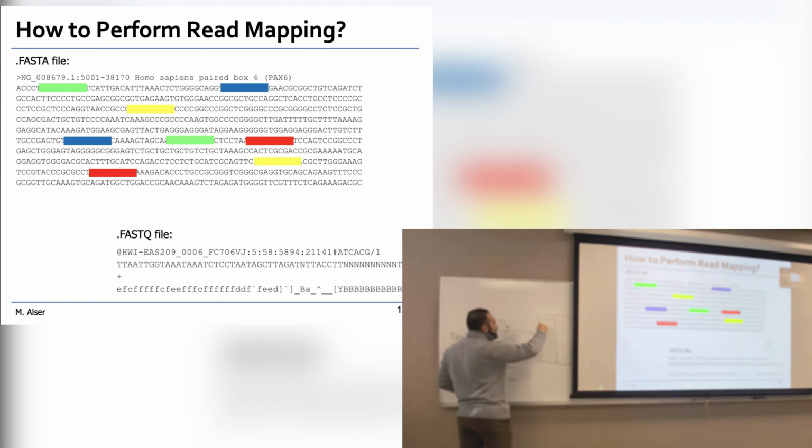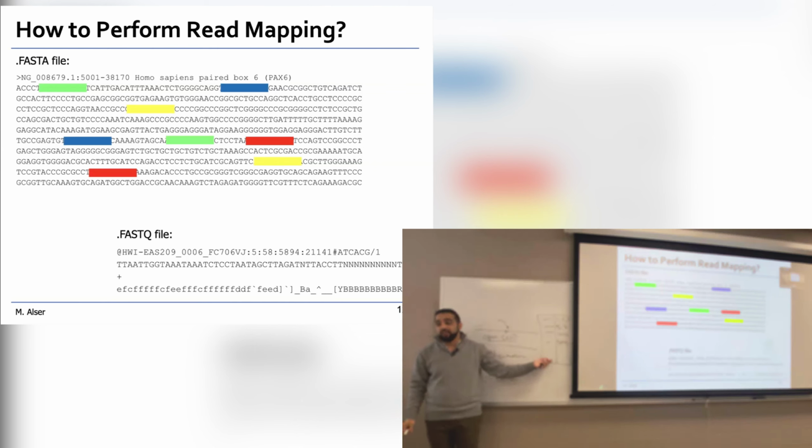We have the seed in one column, and then the location in the other column, right? 5, 7, 10, 400, and here maybe 500, and so on, right? That is a hash table. That is one way to build the index. And there are many other ways to do that. We don't necessarily need to use the hash table. Now, what is the benefit of using a hash table?